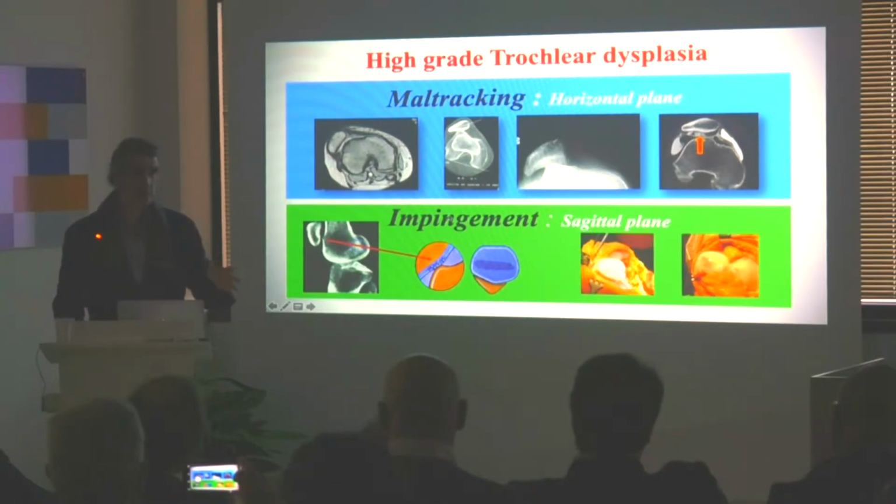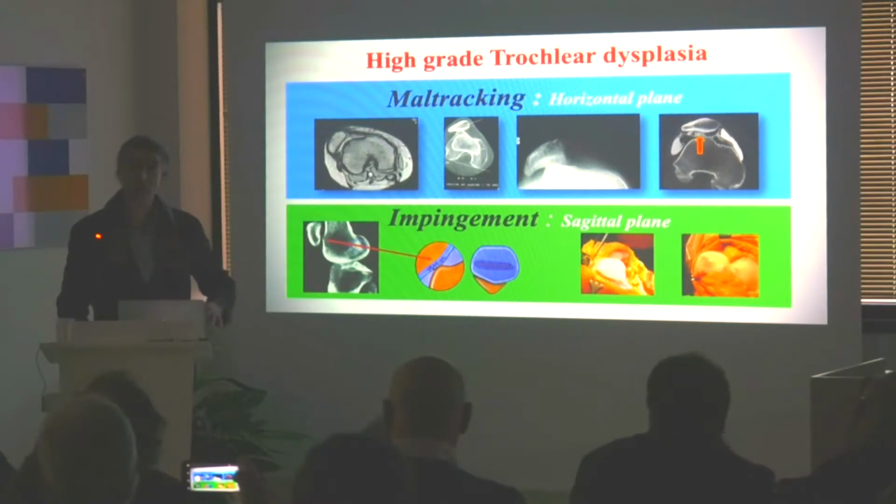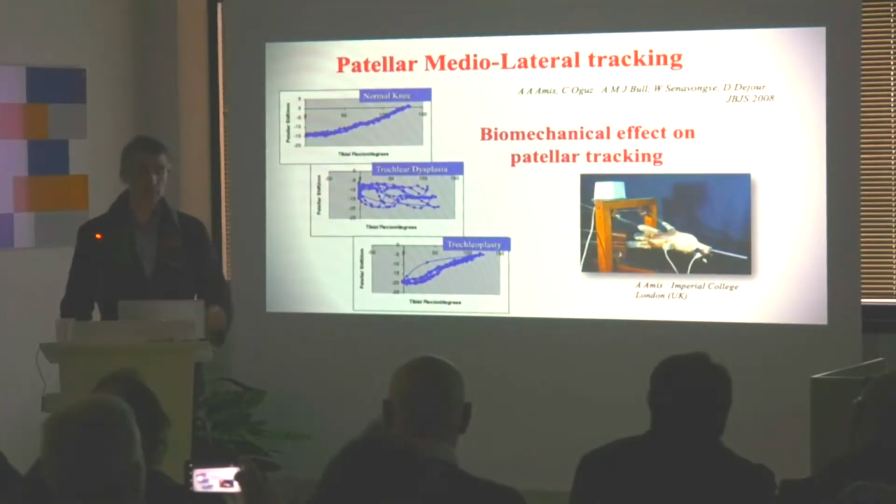Not too much on the trochlear side, because the trochlea is not loaded. So it's not really, when you speak about arthritis, damage on both sides. Here you have some terrific cartilage damage on the patella side, but the trochlea is okay. So sometimes you can extend the indication of a trochleoplasty, even if your cartilage is not so beautiful on the trochlear side. This is a study we have done with Andrew Amis with a normal knee.